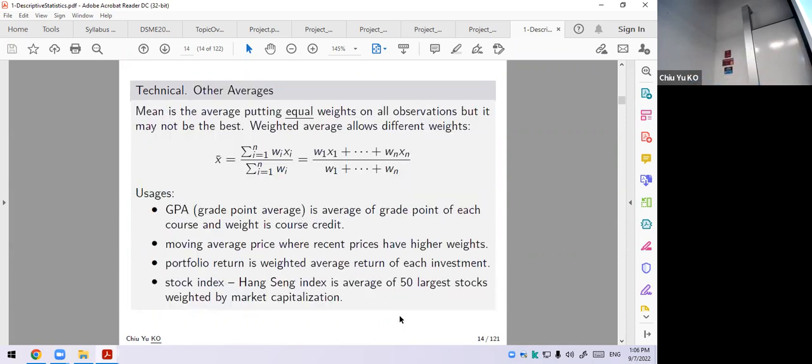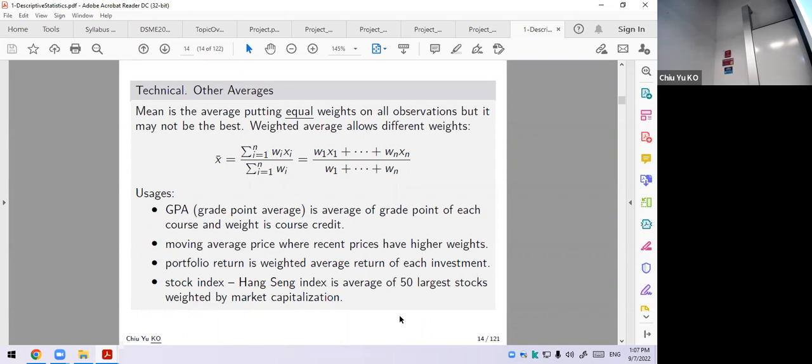And here I talk about another type of mean that is very useful and also commonly observed in the real world. The weighted mean is actually covered in the high school syllabus, but we just put it as a technical part. The weighted mean says each observation does not have equal weight. Some observations are more important than others.